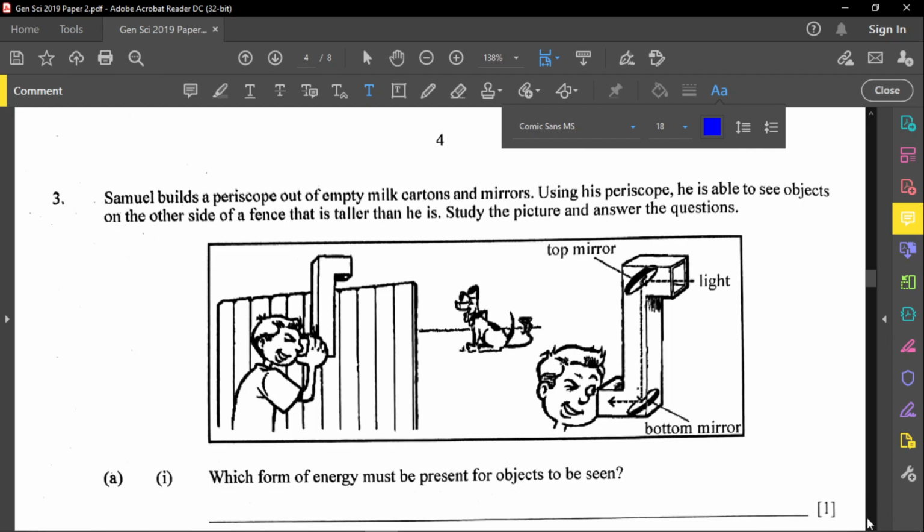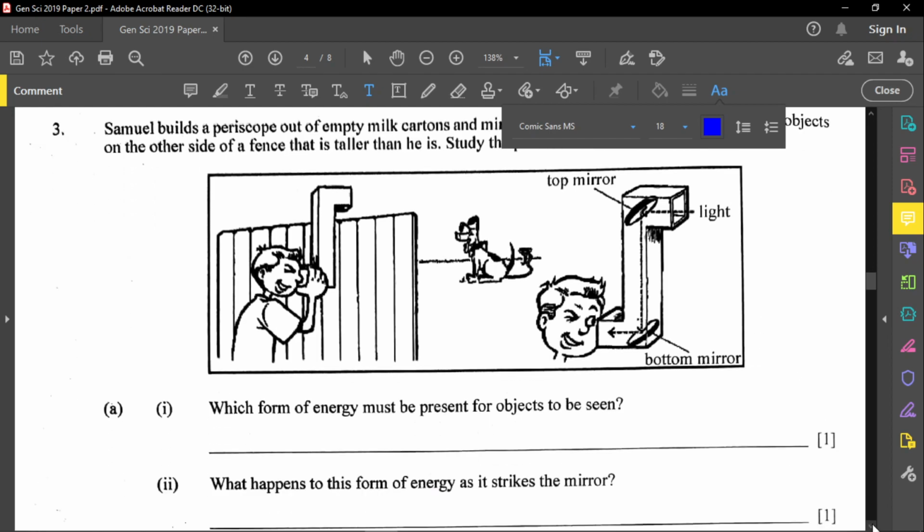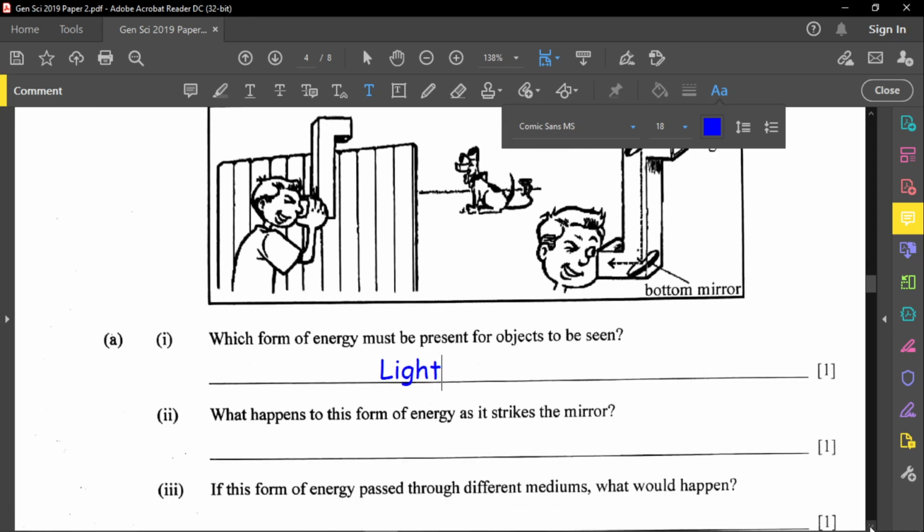First thing now, it said which form of energy must be present for objects to be seen, and this here is light. So it's light energy. For part 2, it said what happens to this form of energy as it strikes the mirror.